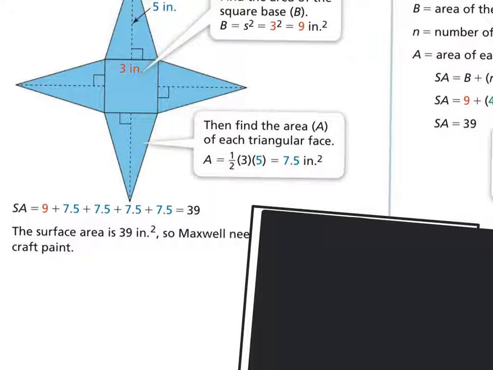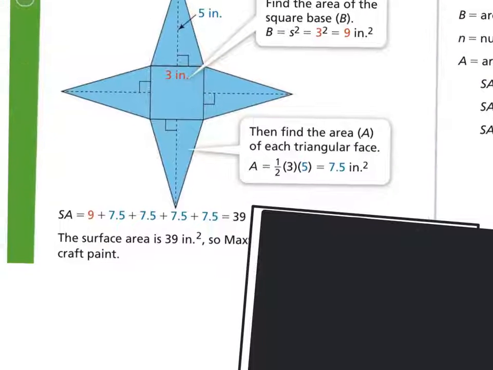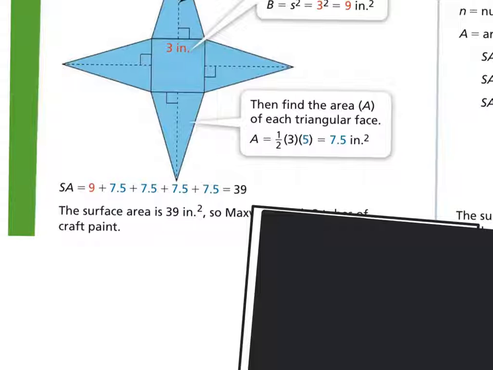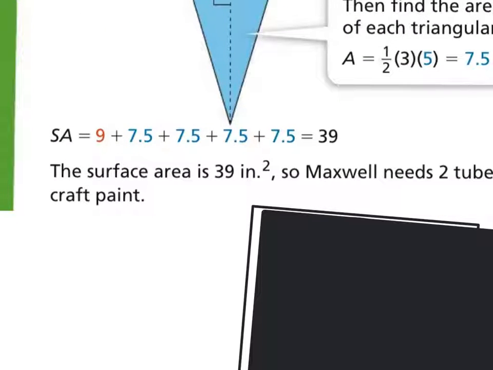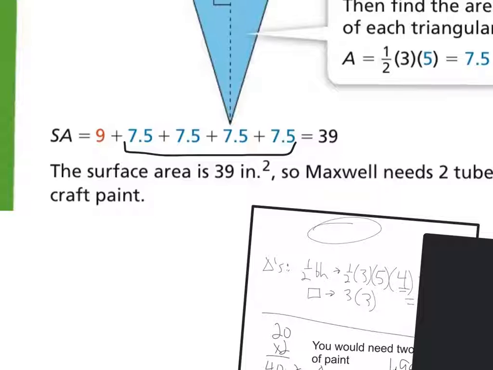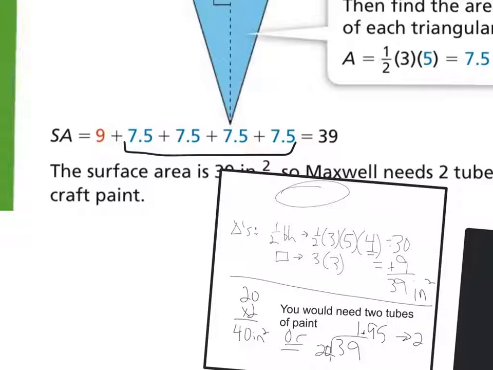That'd be 7.5. And we have 4 of those. So you can either take 7.5 times 4, or like the book did here, you could just add 4 7.5s together. Okay, so that's our triangle part here.